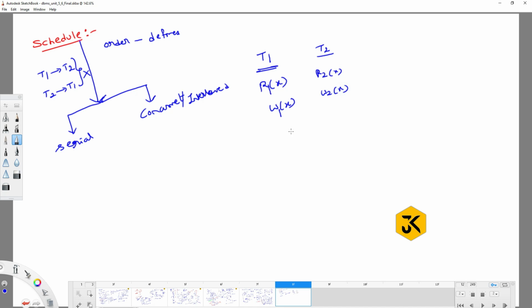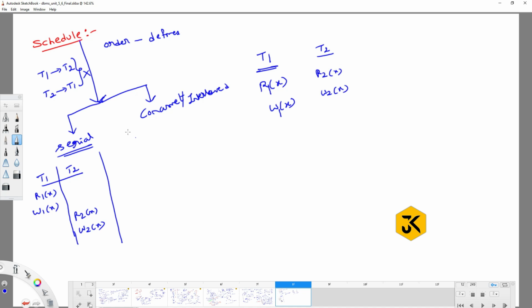Now, if you don't want to get any kind of problem, we can go for serial execution. T1 and T2 are the two transactions. First I will execute R1 of X, W1 of X, followed by R2 of X and W2 of X. There is no problem here.